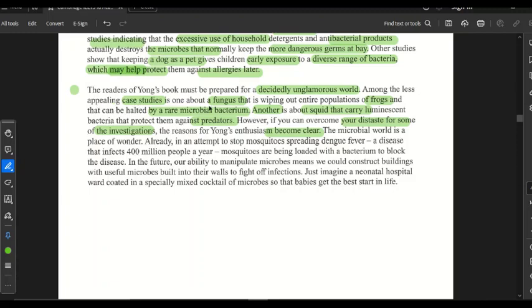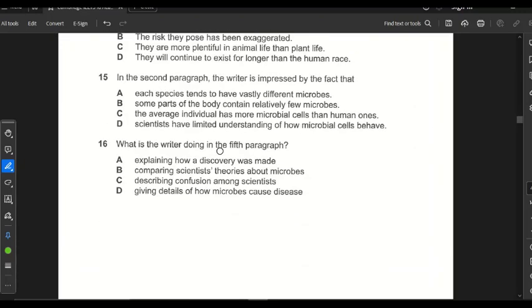So among them, if there are more, in this one, fungus wiping out frogs, and another is these squid that carry this luminescent bacteria that protect them against predators. They are all part of the less appealing case studies. Okay, they are all part of the less appealing case studies.